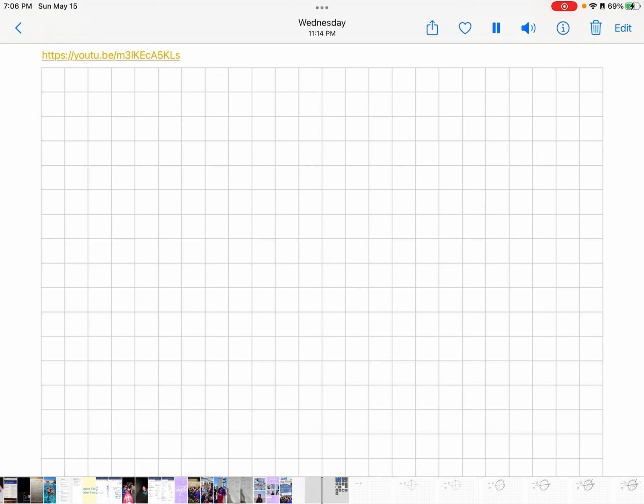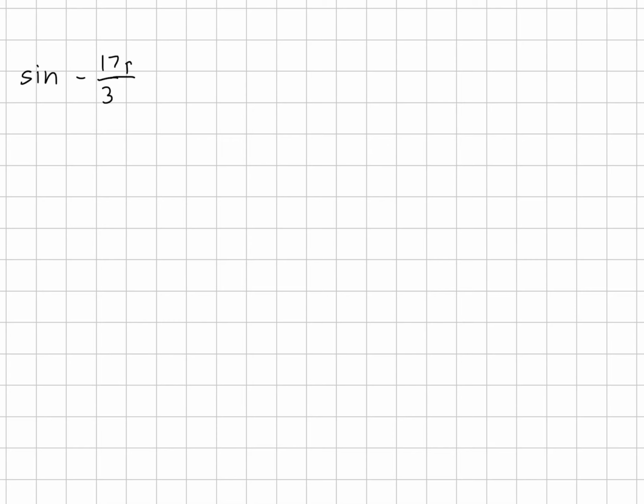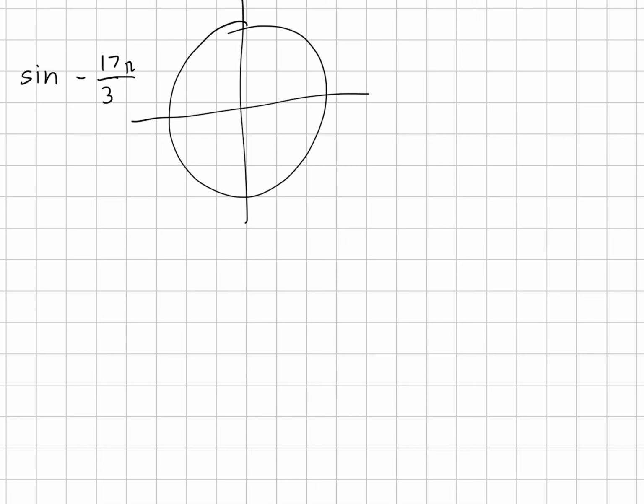If it's big, so if it's sine of negative 17 pi over 3, you would draw a circle. A circle, 360 degrees, is 2 pi, and in this case 6 pi over 3 would be a full round. You're moving this way since it's negative.